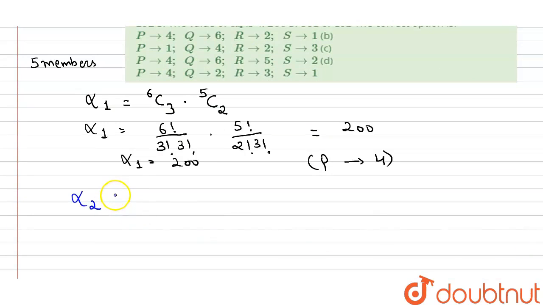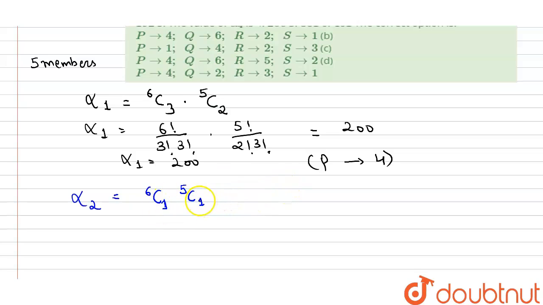So alpha 2 will be 6C1, the total number of boys is 6, from which we have to select 1, then 5C1, because we have to select at least 2 members. So 2 or more than 2 can be possible.